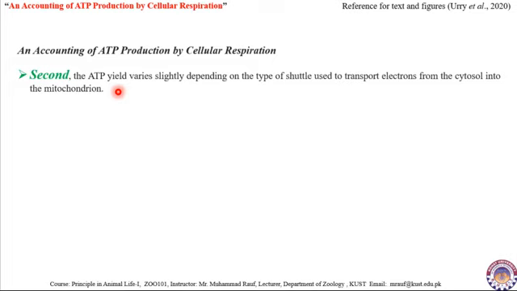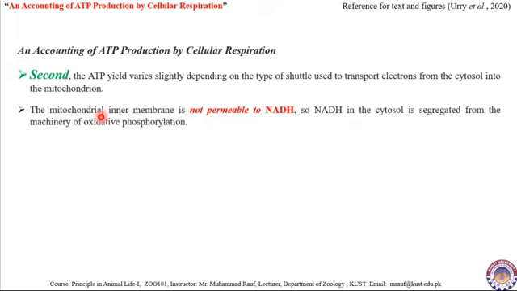They must deliver their electrons to another acceptor which is present inside the mitochondria. Now the NADH molecules can either deliver their electrons to another NAD molecule waiting inside or an FAD molecule waiting inside. So the mitochondrial inner membrane is not permeable to NADH, so NADH in the cytosol is segregated from the machinery of oxidative phosphorylation.